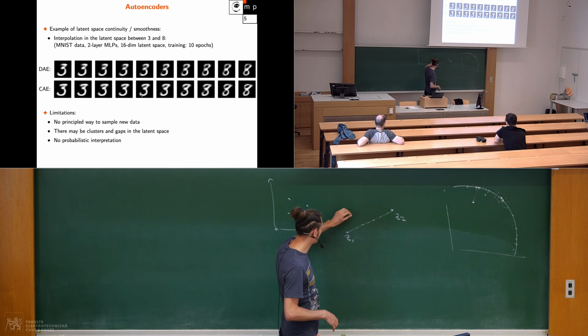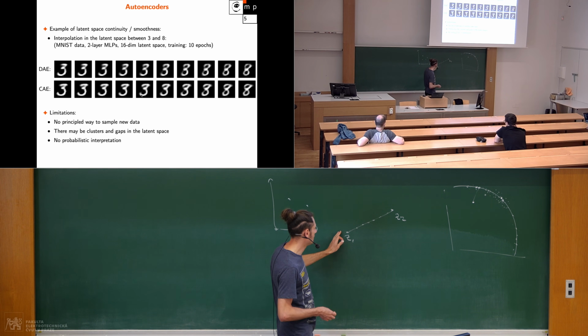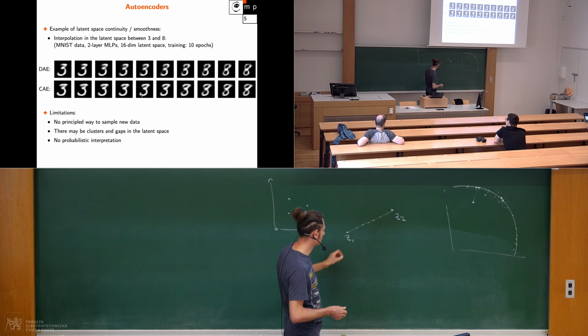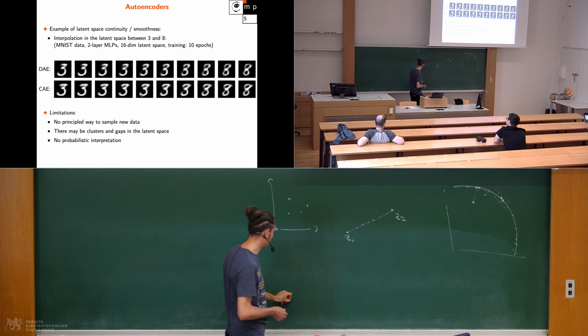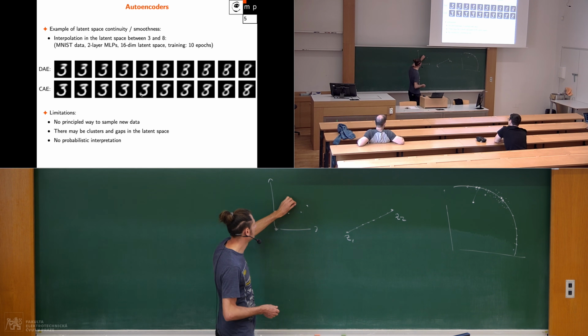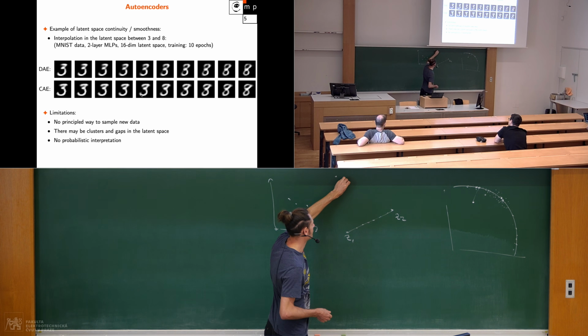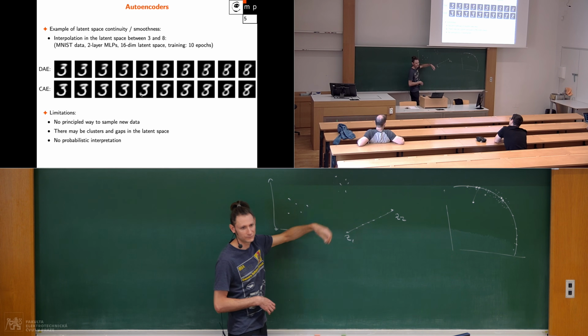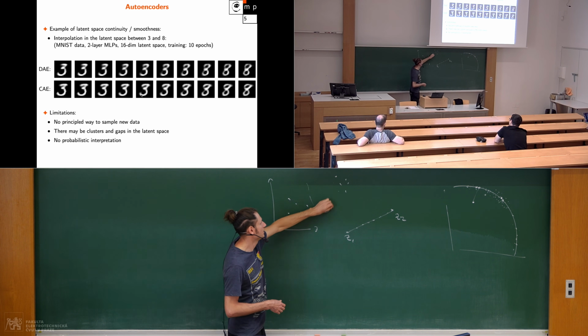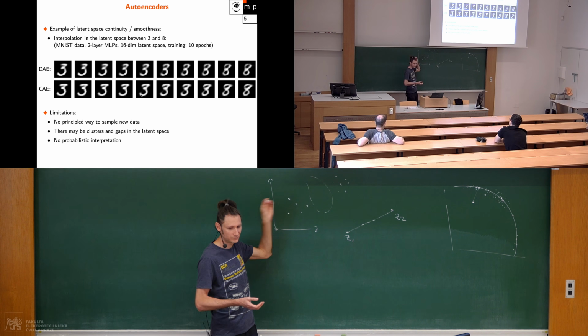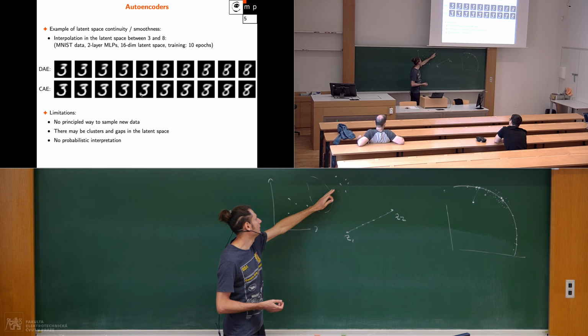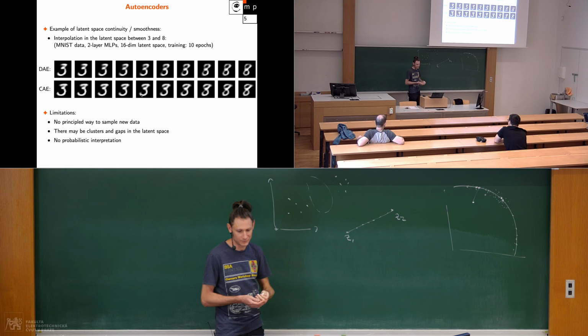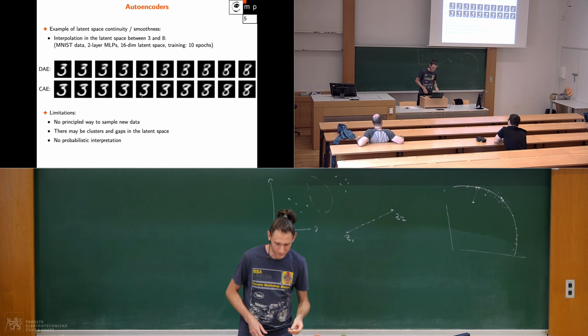Maybe some images can be interpolated and lie close together, but encodings of some other images lie somewhere else, in completely different clusters. So there would be a gap in between, and what you construct out of it will be some image, but maybe not a good image.